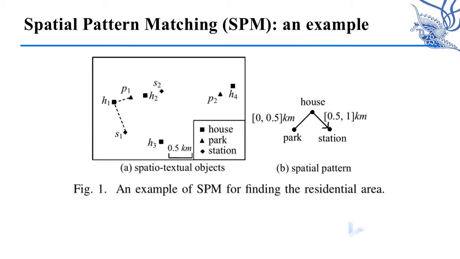Note that the object set H2, P1, S1 doesn't match the pattern because there is another station S2 whose distance to H2 is less than half a kilometer, making it unsatisfying the pattern.